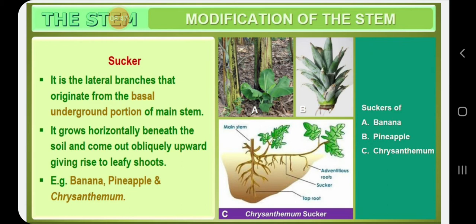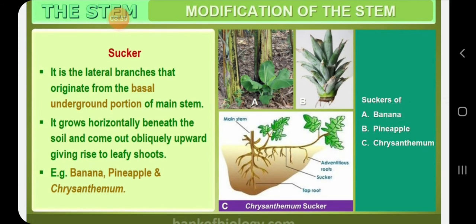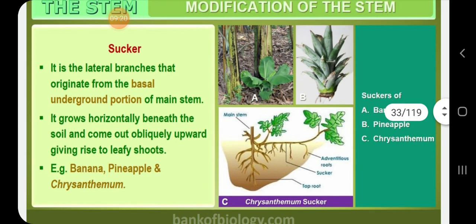It grows horizontally beneath the soil and comes out obliquely upward, giving rise to a leafy shoot. This happens mostly in hedges also. The lowest lateral branch will go into the soil, and after some time it will come out, and this is known as sucker. Very common examples are banana, pineapple, chrysanthemum.